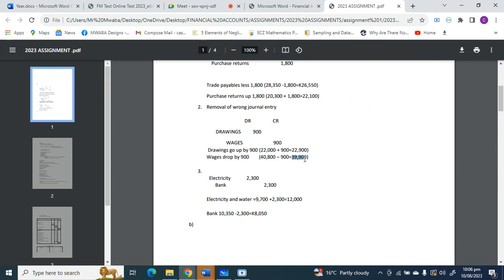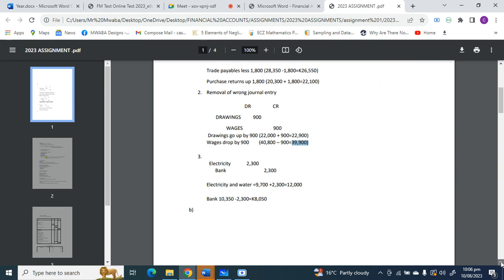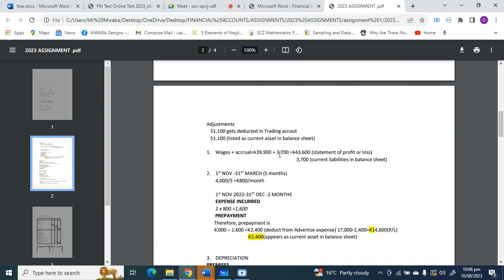Here, this 39,900. Don't make the mistake of going back there again. It's this new one, 39,900. You add it with the accrued wages, which is 3,700. So this is the new balance of wages in the profit or loss account. And as I've listed here, 3,700 will be a current liability in the balance sheet. Any questions?